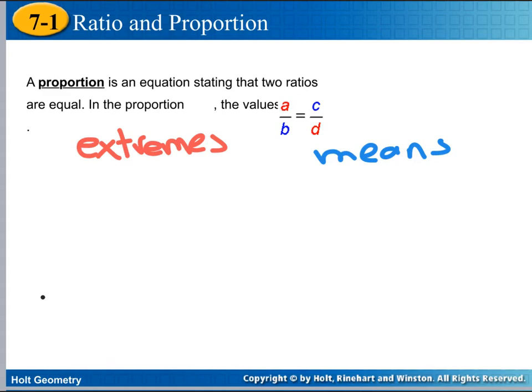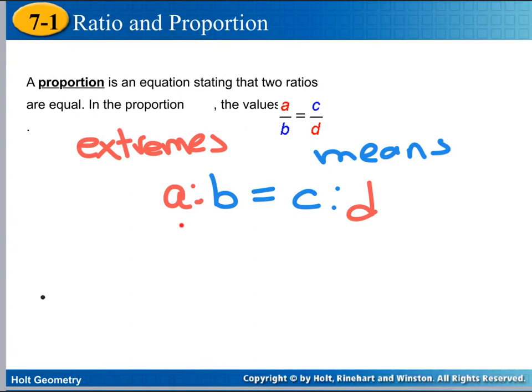You can see where this word extremes comes from, not so much when it's written as fractions, but if I rewrite this expression using that colon notation, A to B, and then we'll say equals C to D. The extremes are the two values that are farthest apart.